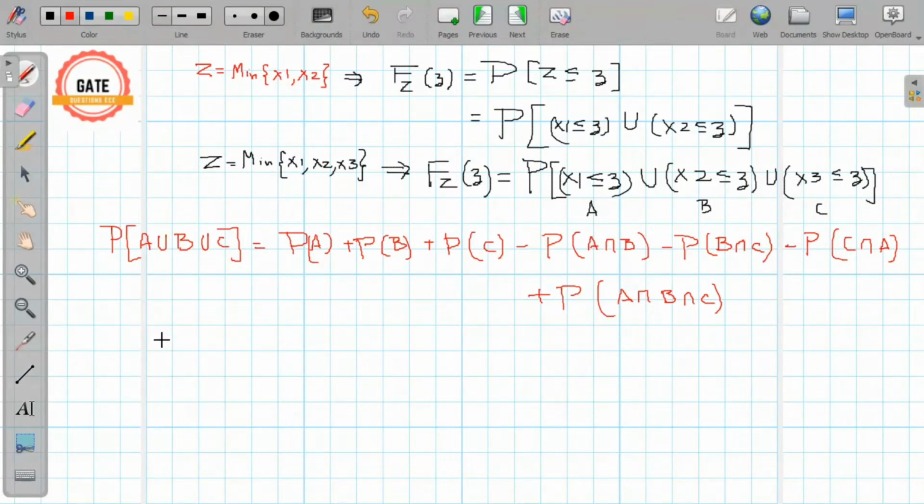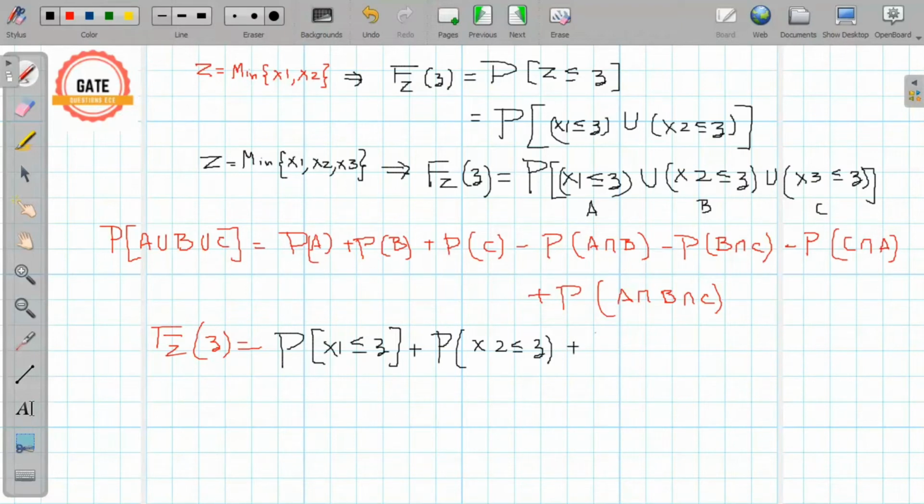In this case, for three random variables, F_Z of small z will be equal to the probability of A, so the probability that X1 is less than or equal to small z, plus the probability of B, meaning X2 is less than or equal to small z, plus the probability of C, X3 is less than or equal to small z, minus the probability of A intersection B, meaning the joint probability that X1 is less than or equal to z and X2 is less than or equal to small z.